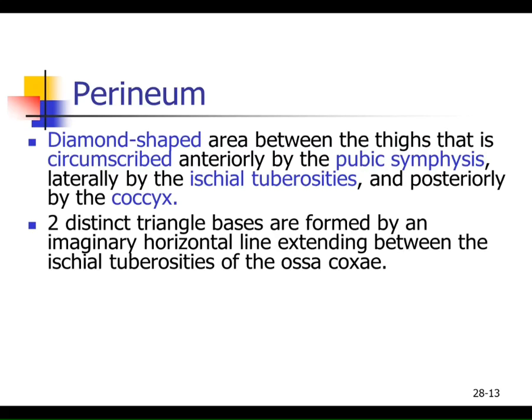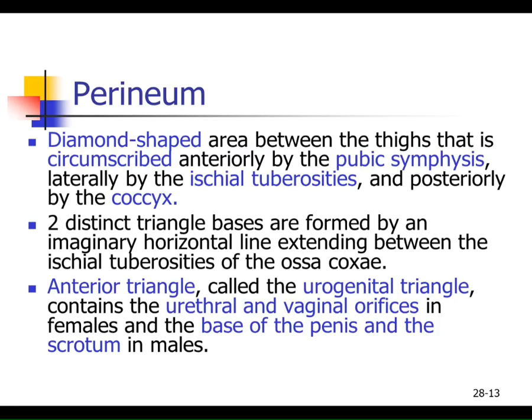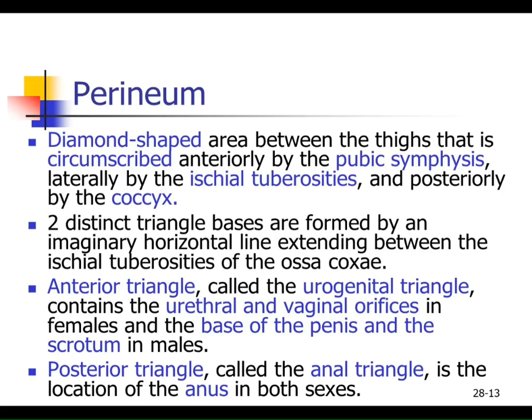And this big diamond that we can create can be broken down into 2 smaller triangles. There will be, and you'll see in the picture, the anterior triangle, which is also called the urogenital triangle, and there is the posterior triangle, or the anal triangle, which will include the anus in both sexes.